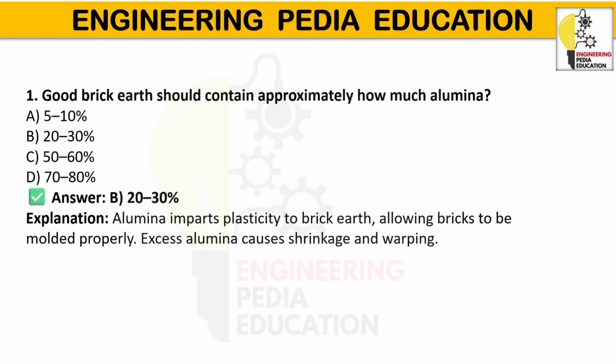This alumina in bricks is 20 to 30%. It helps in shaping and molding of bricks and improves workability of brick earth. It causes high shrinkage during drying if used in excess, leading to cracks and warping in brick.